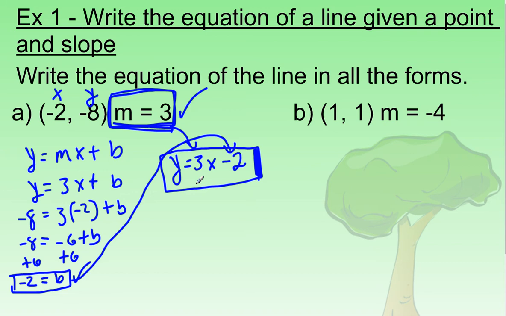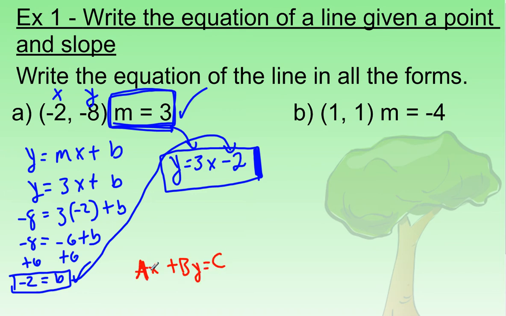Now, that's one form. We also need to figure out what this is in standard form. So to go to standard form, all we really have to do to get from slope-intercept form to standard form is we have to make this x piece go on the other side of the equal sign, because standard form looks like this: ax plus by equals c.